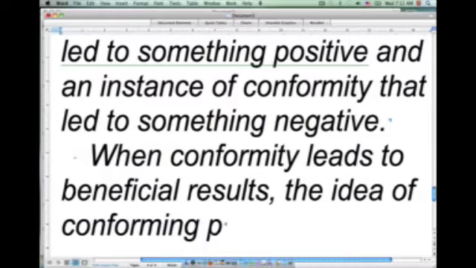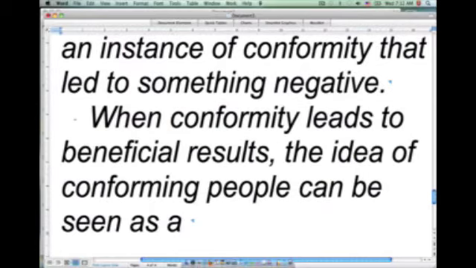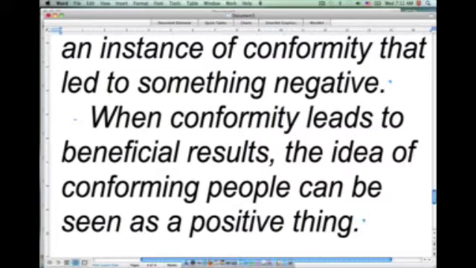the idea of conforming people can be seen as a positive thing. So when conformity leads to beneficial results, the idea of conforming people can be seen as a positive thing. So now we need an example, so I'm going to use New York City, a good example of many cultures coming together.